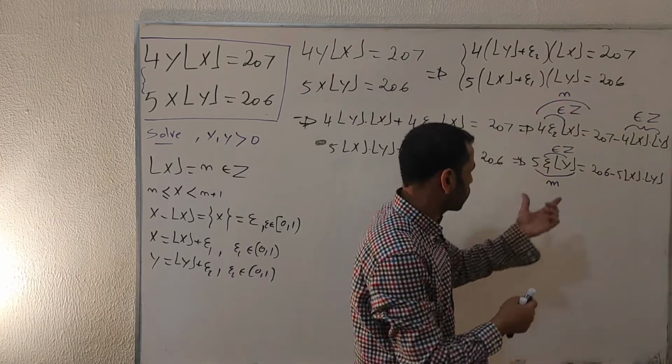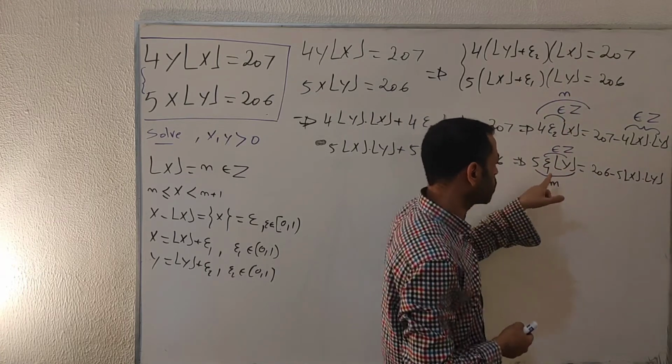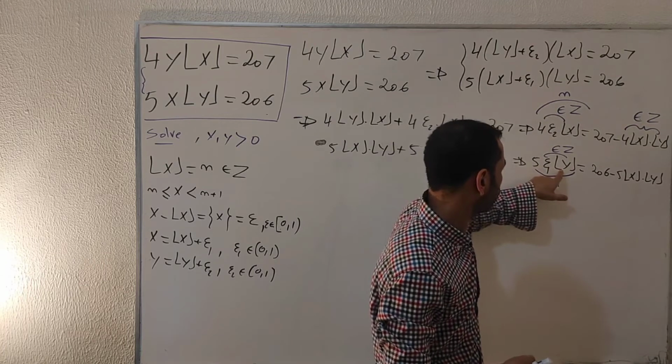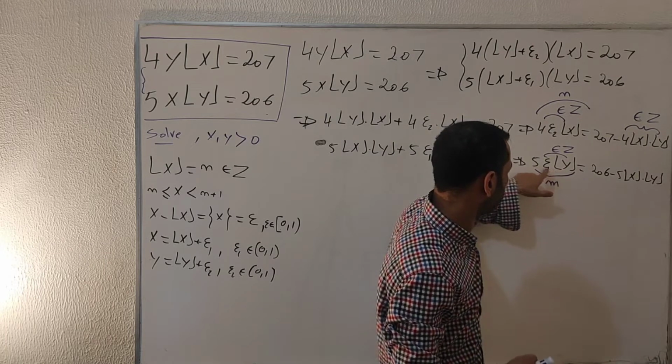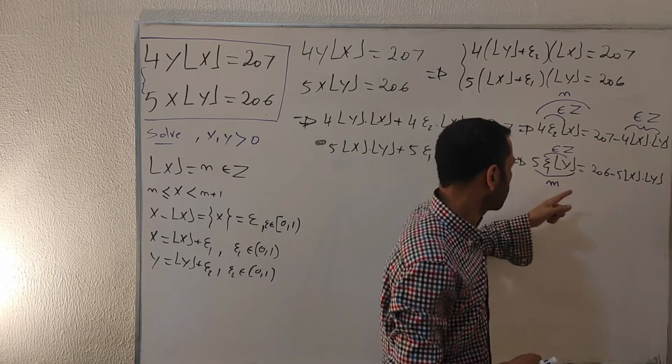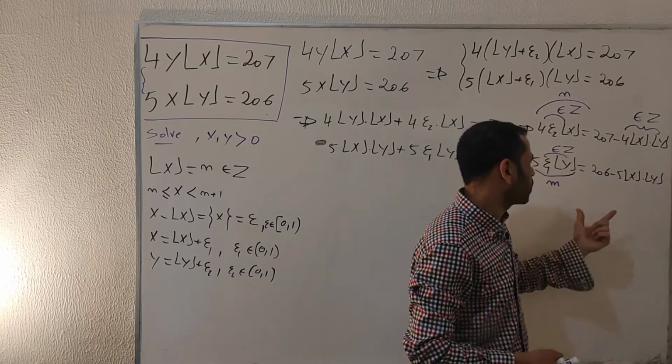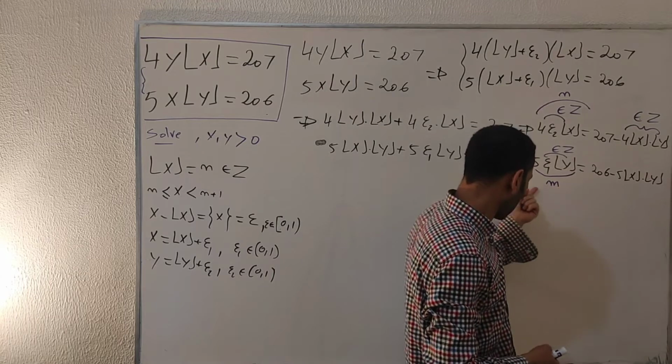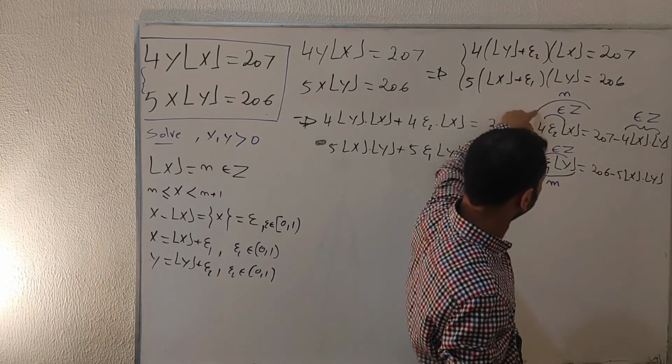This whole thing must be an integer, not just epsilon 1 and the floor of y, because if you consider only part of it as an integer and then divide by 5, it becomes not an integer. We must take the whole thing as an integer. The same goes for this one.